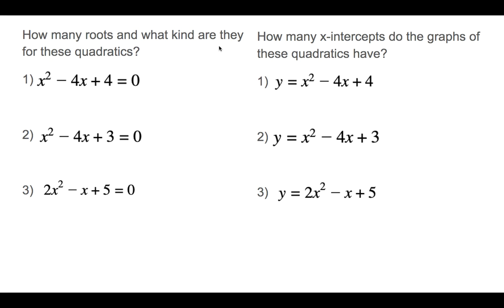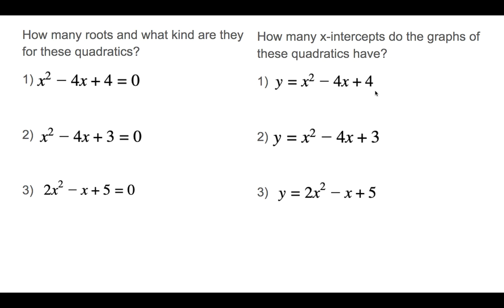Okay, so we're going to go ahead and do these one at a time here. But I do want to show you that these two questions on both sides, on the left and the right, are actually the same equations, just slightly different. The x squared minus 4x plus 4 and the x squared minus 4x plus 4 are the same. Here we have it set equal to 0, and we're finding the roots or the solutions. And here we're setting it equal to y instead, and we're finding the x-intercepts.